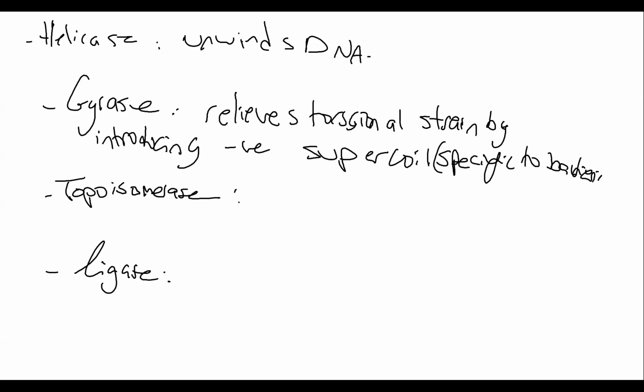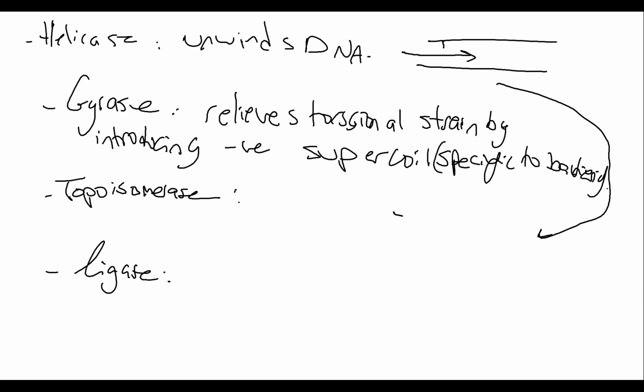Let's say we have here DNA, and here we have a helicase trying to unwind them. This is helicase working and cutting, and then they will start being like this.